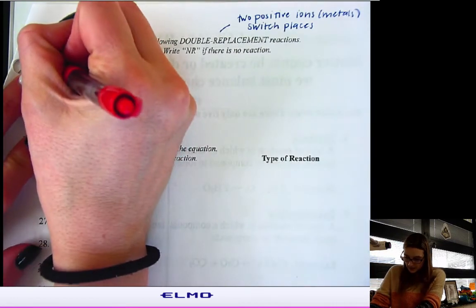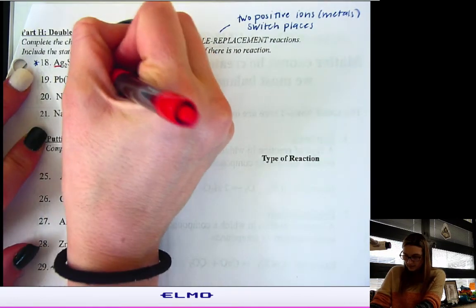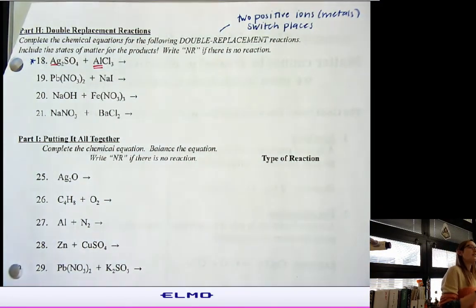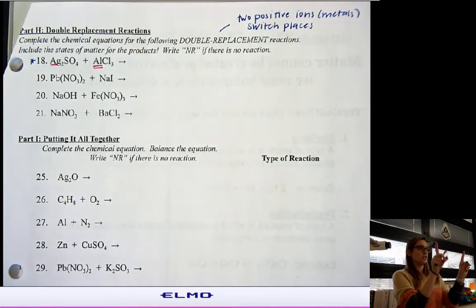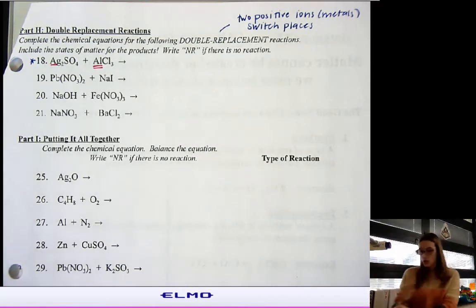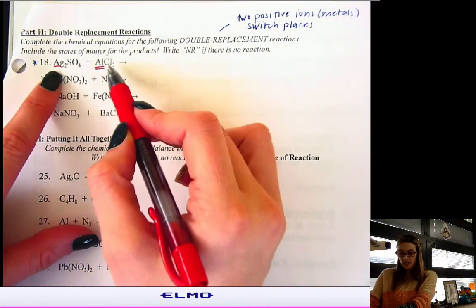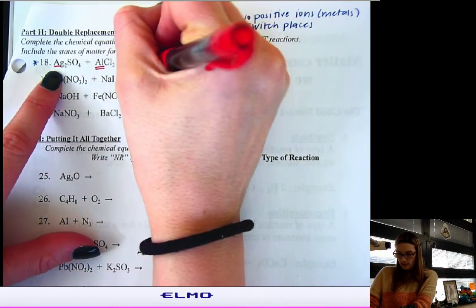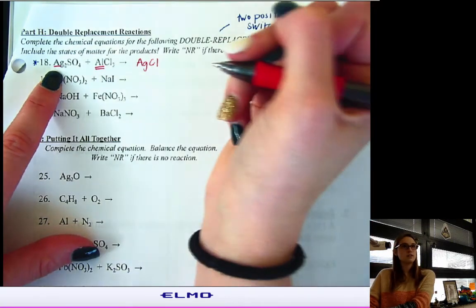Now what happens here, and I like underlining the metals that are at the beginning. So we have Ag, which is silver, and Al for aluminum. In a double replacement reaction, we just switch the two metals. So we're just going to switch the two metals, which means Ag will combine with Cl. Your metal always comes first, right?